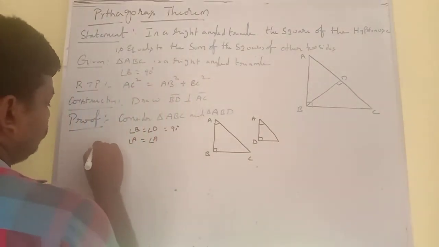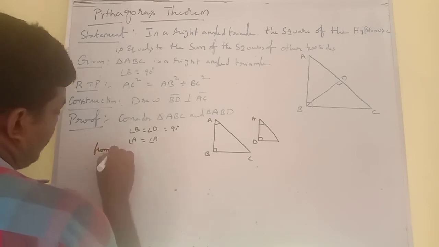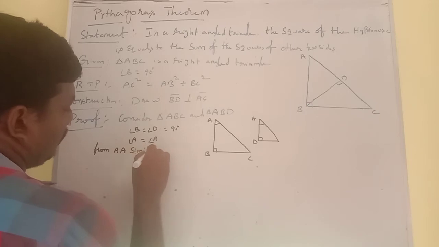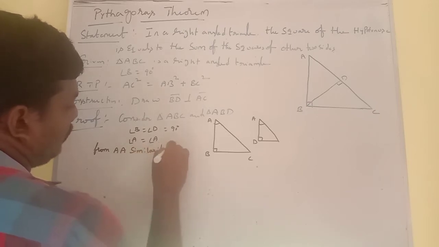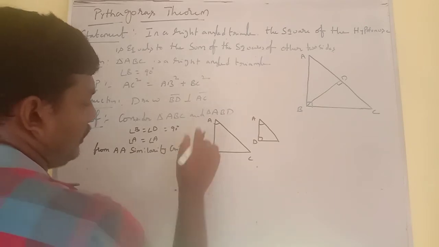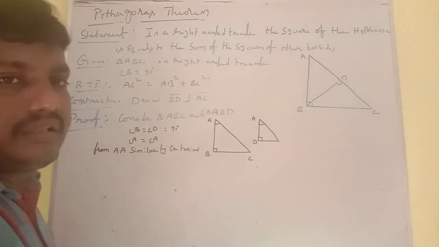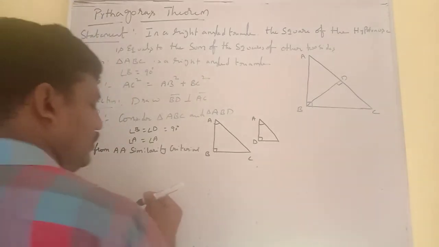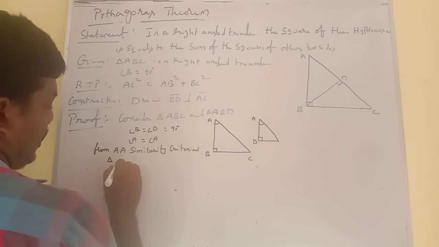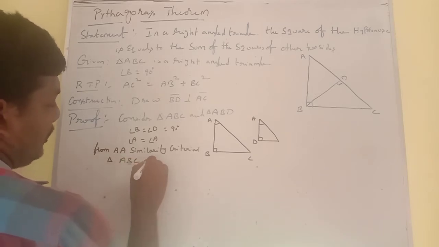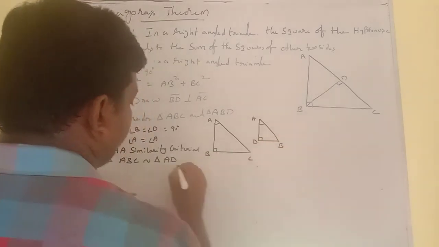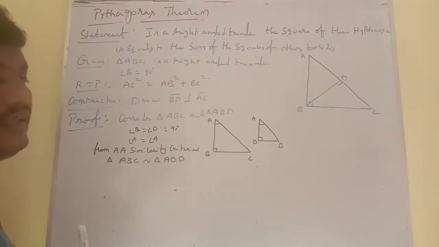Therefore, from the AA similarity criterion, triangle ABC is similar to triangle ADB. These two triangles are similar.